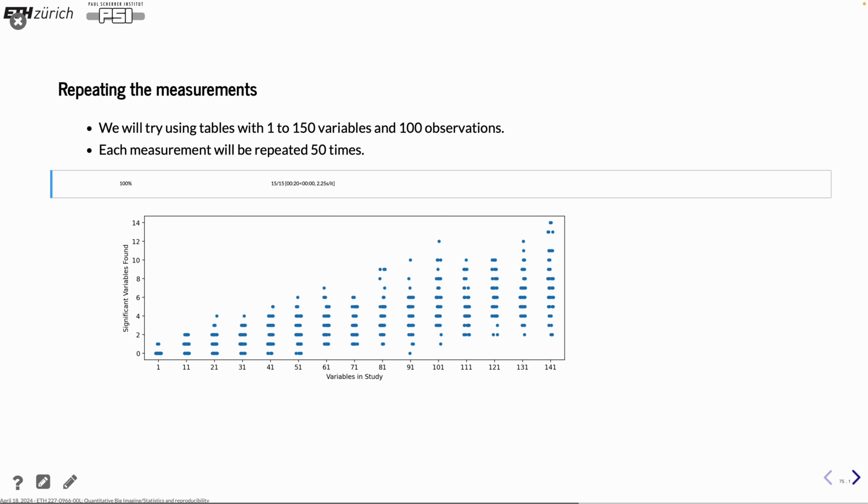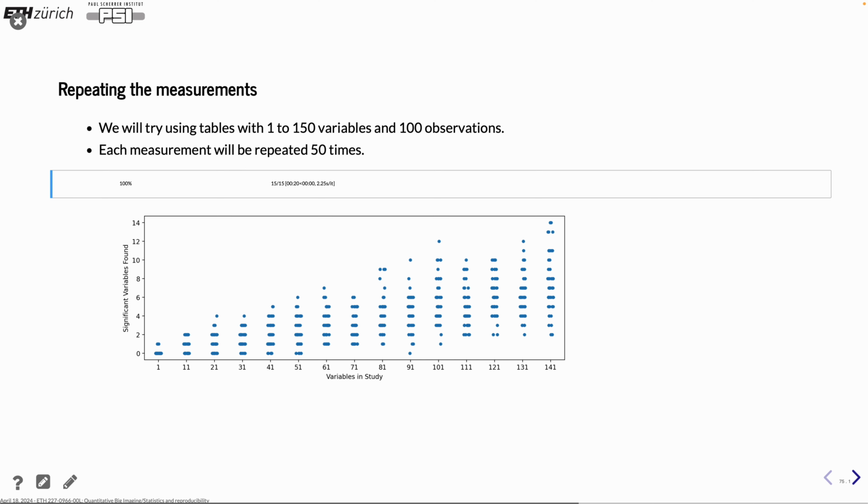And now we can do a big experiment. This takes a while to run, but you can test it if you like. Here we have examples of 1 up to 150 variables, each with 100 observations. Within each one of these samples, we repeat 50 times.